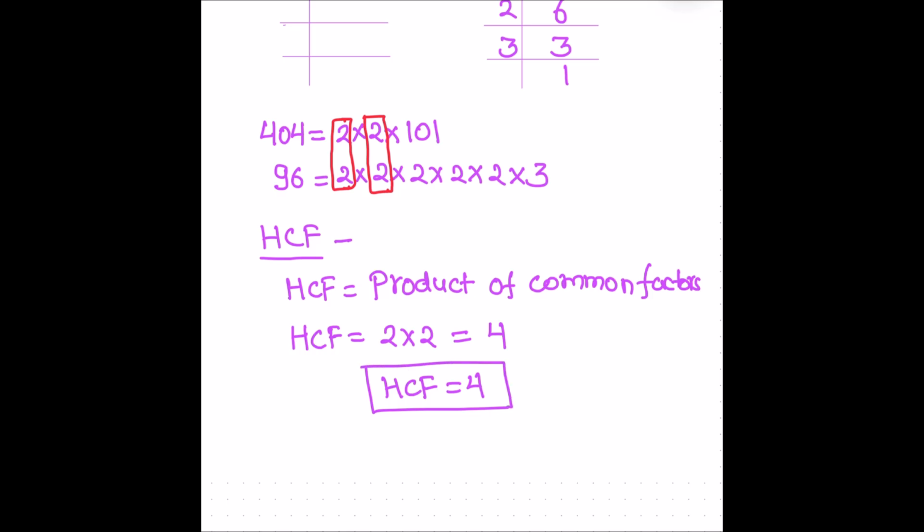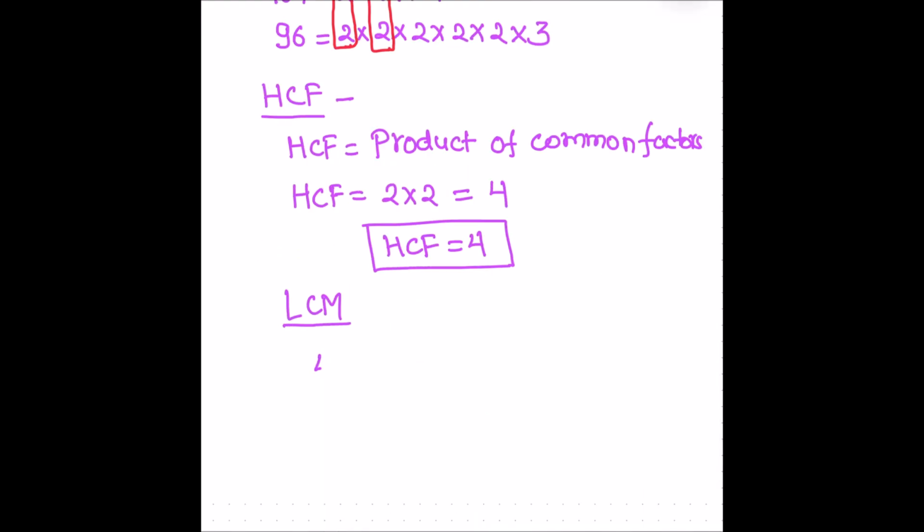Let us now find the LCM of the two numbers. For finding the LCM, we are going to write the factors of both the numbers once again. So this is 2 times 2 times 101, and 96 is 2 times 2 times 2 times 2 times 2 times 3.